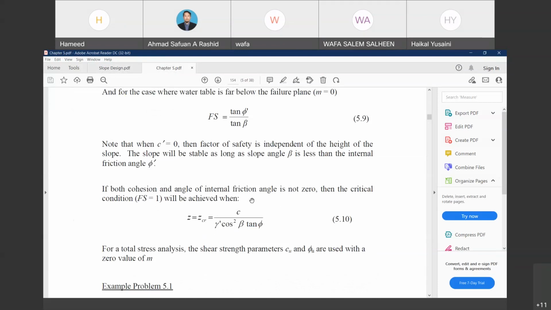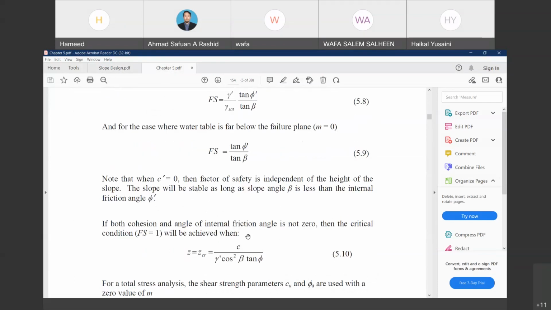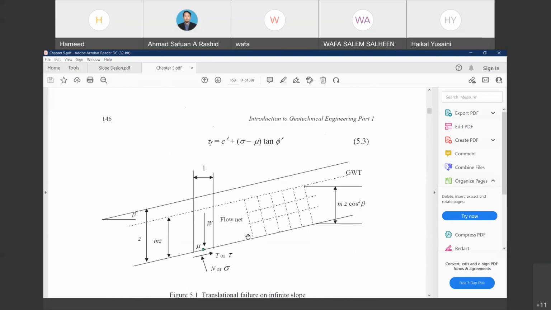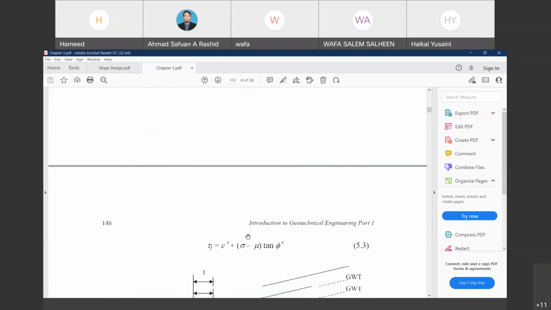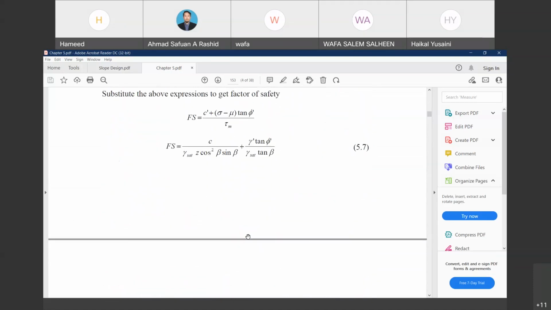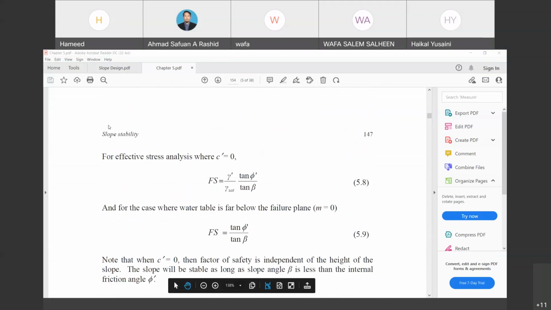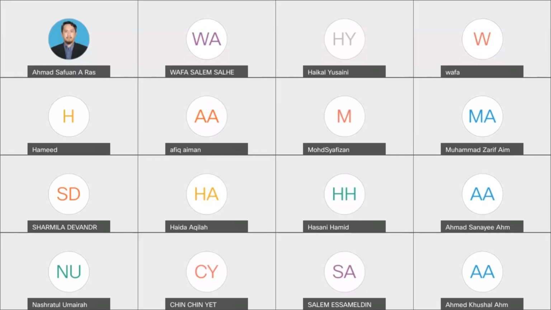I guess this is only suitable when the water is at the surface. We try to look for another example, not this one. So this is not suitable to get the Z. We need to look at the slide that I discussed previously. Let me look at the slide first. Z, okay, this one. I need to stop.